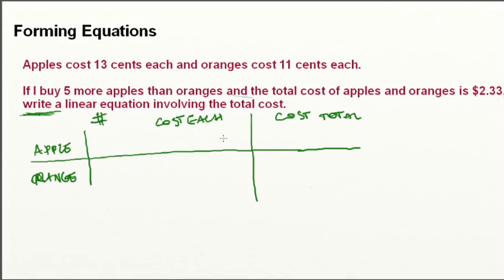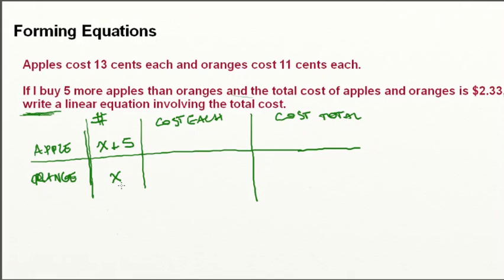Right, total cost, how much each of them cost. So apple, how many apples have I bought? Well, I don't know, but I know that I've bought 5 more apples than oranges. So if I've bought x oranges, I will have x plus 5 apples.